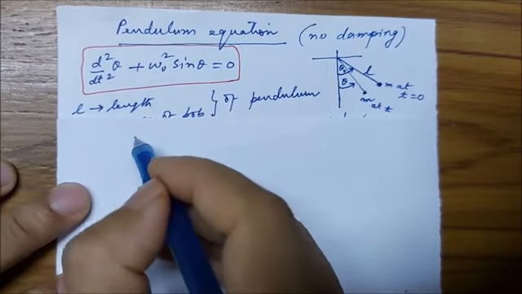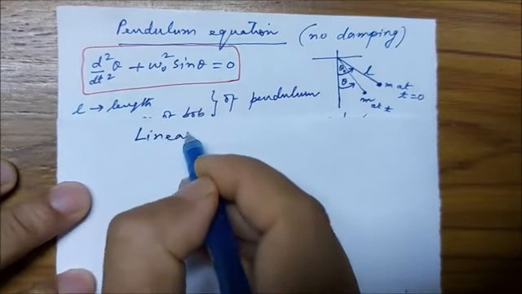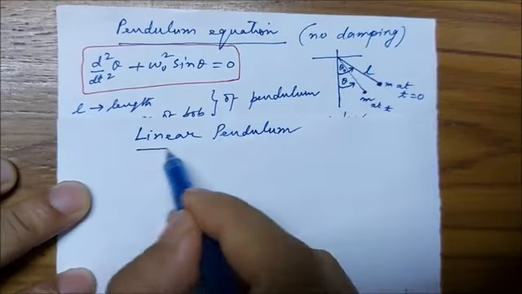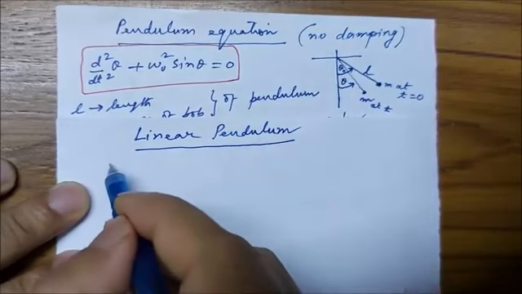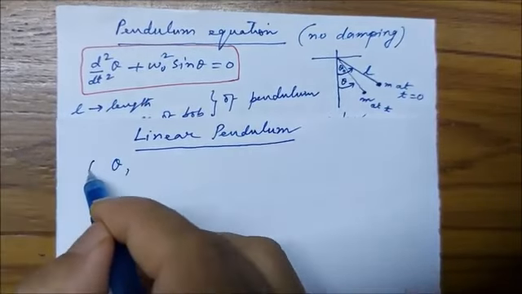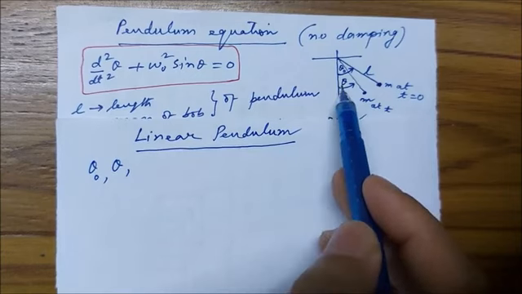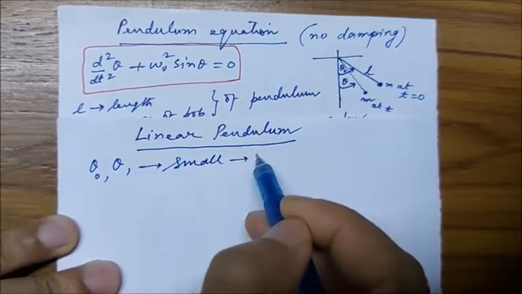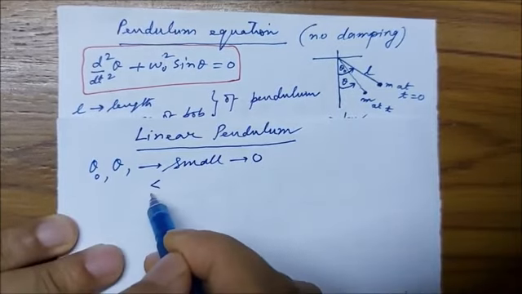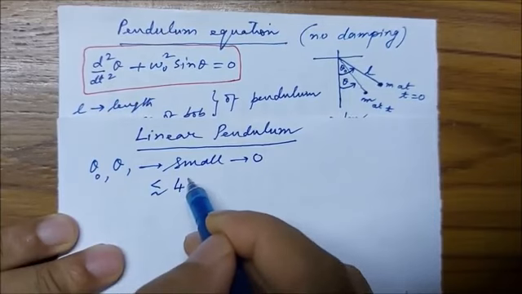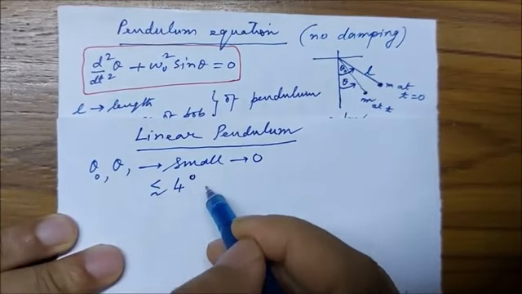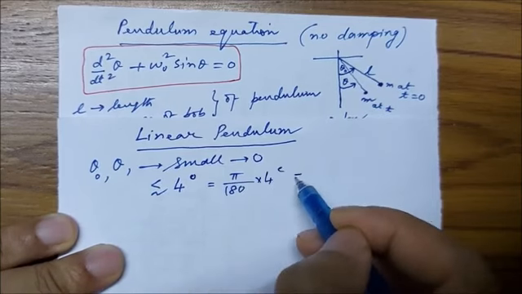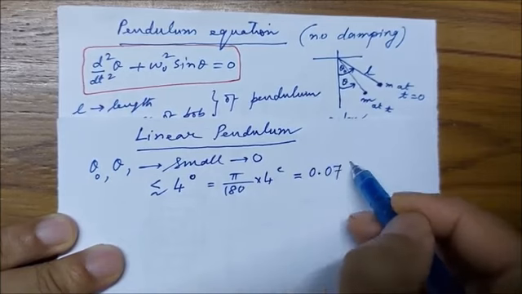Let us now discuss a linear pendulum, in which the value of theta 0 or theta is small, tends to 0. To be very particular, it is less than or of the order of 4 degree, that is 0.07 radian.